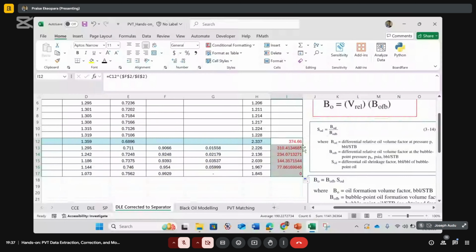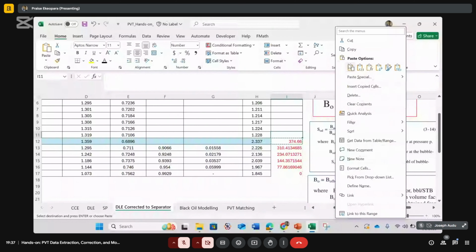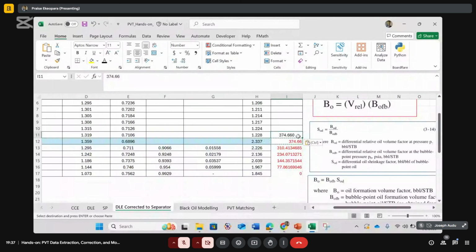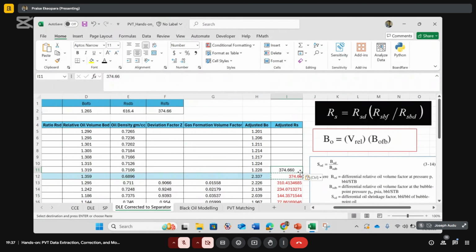Then this one, we made an assumption that from saturation point, from initial condition to saturation, we usually assume that gas is just a single phase. So gas has not started leaving the system. Because it has not started leaving the system, our RS value should be constant all through.